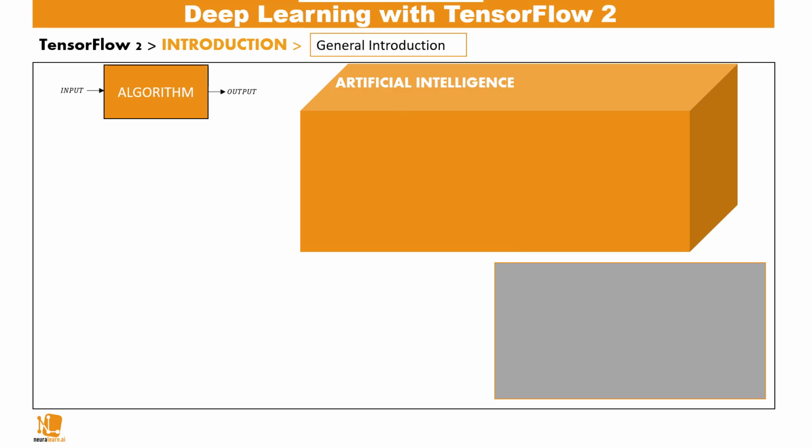In classical artificial intelligence or AI algorithms, we feed the computer with a set of rules such that when given the inputs, the machine is able to produce some output.